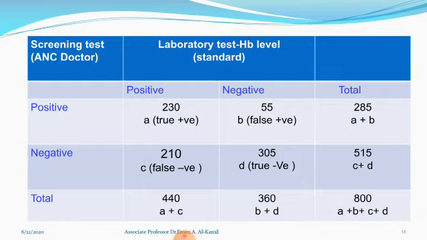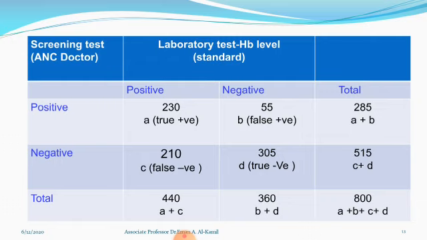So then we are going to construct the table and complete it, putting the numbers in the different cells. So 230 are true positive, positive by both. The 55 are positive by the screening test, but negative according to the standard, so they are false positive. And the 210 are false negative, because they are positive by the standard but negative by the screening test.